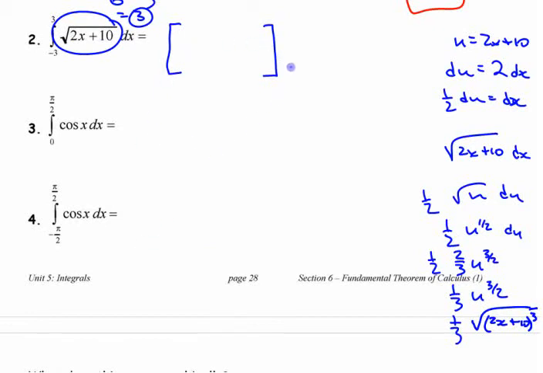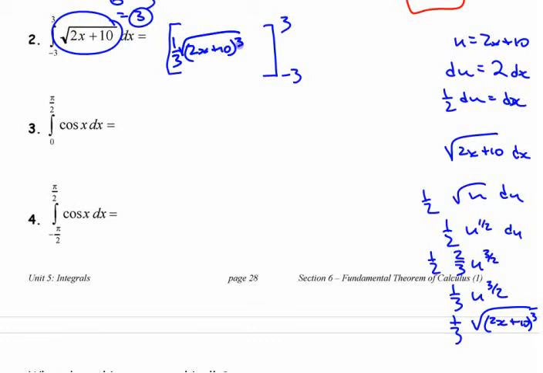So, minus at -3, plus at 3: (2x plus 10) to the 3 halves. This is painful. Don't you need the 1/3 there? I need the 1/3 there. So you put the 3 in, and what do you have?